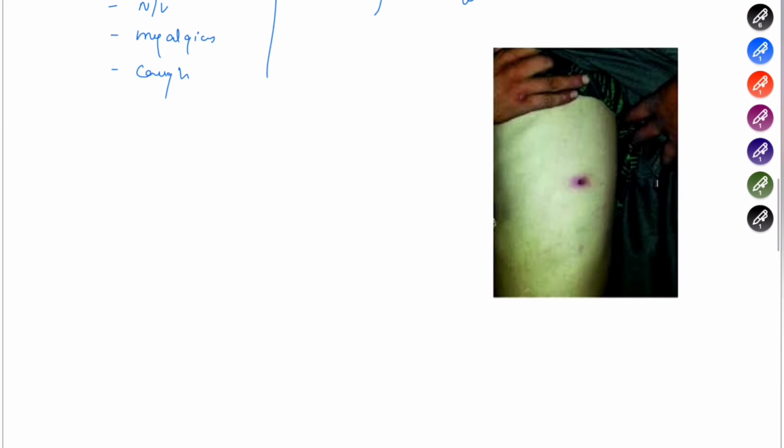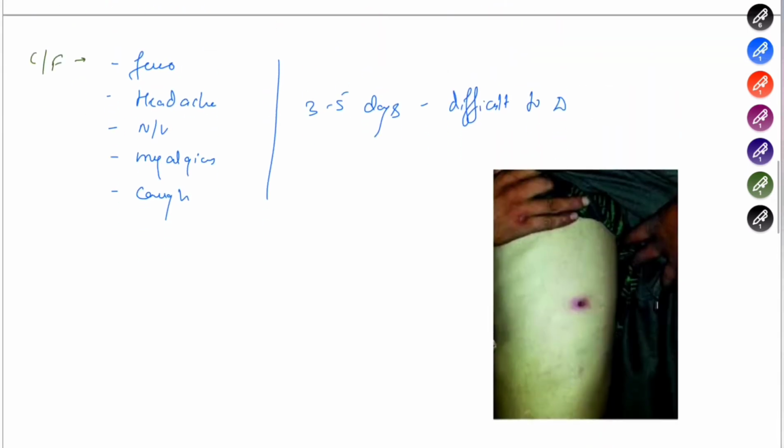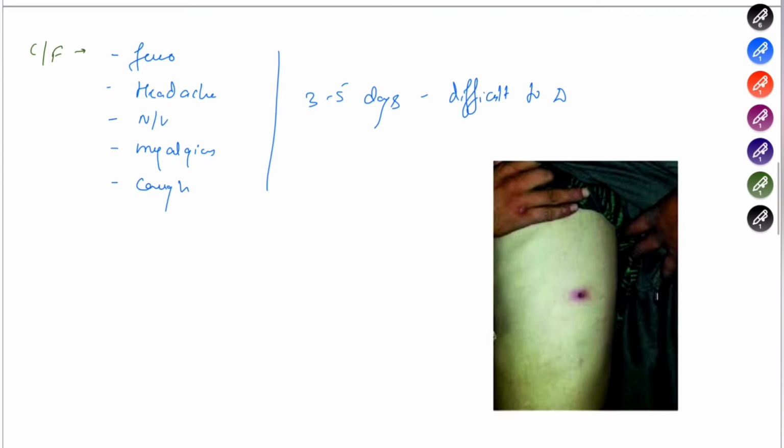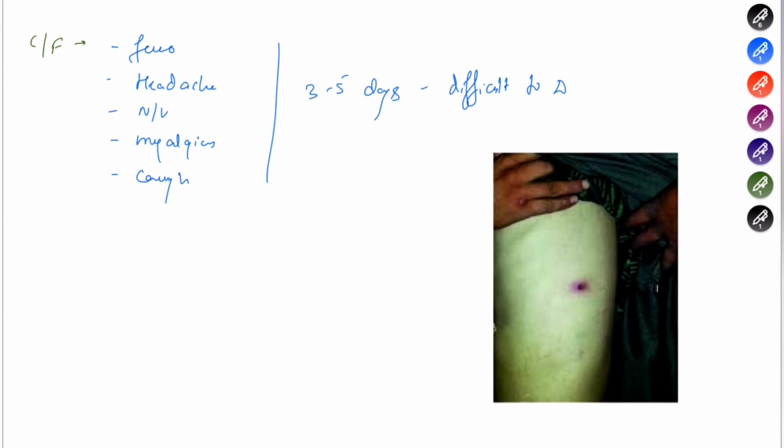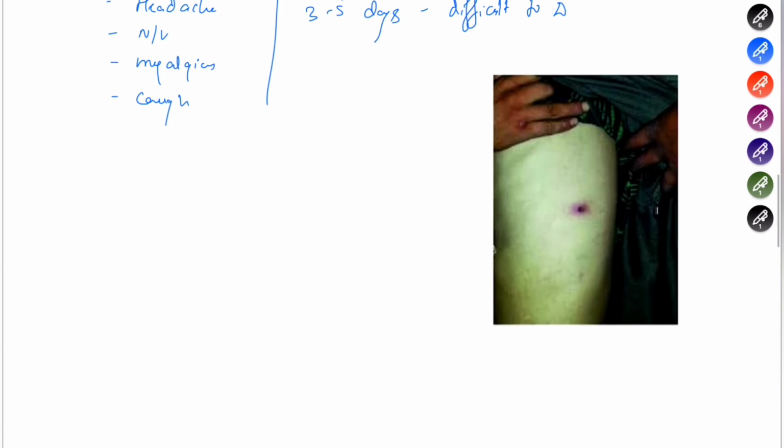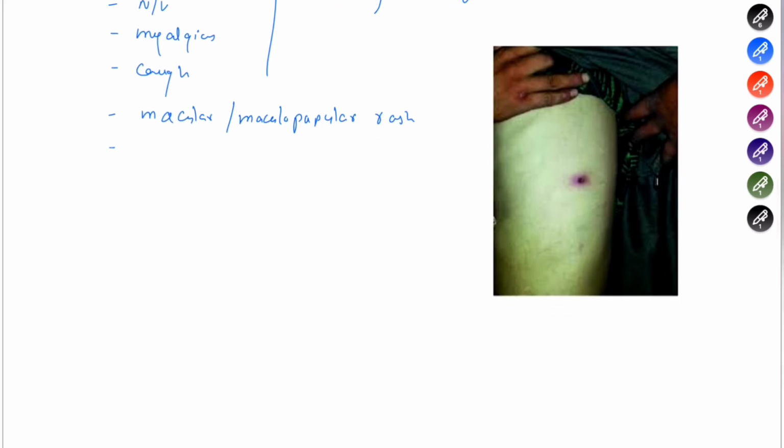After that, in the progressive phase, you can see macular or maculopapular rashes. Eschar: what is an eschar?